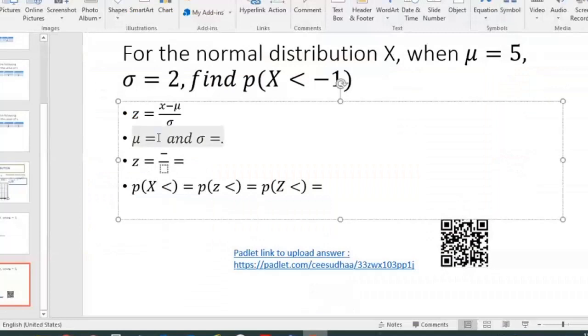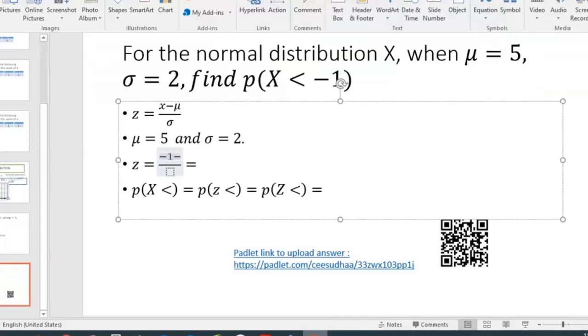Okay, so your mu value is 5 and sigma value is 2. When you are substituting everything here, it is x minus mu divided by sigma. So that's going to be minus 6 by 2, that's minus 3.